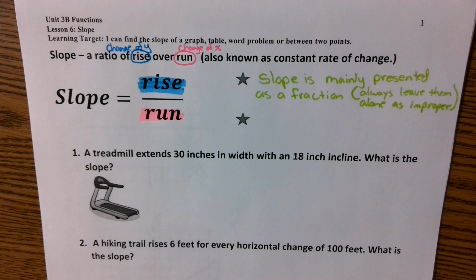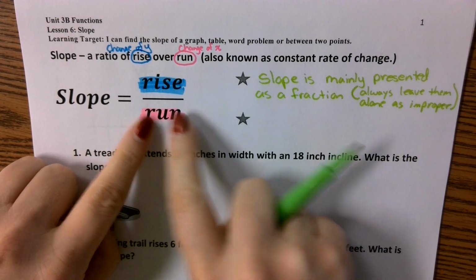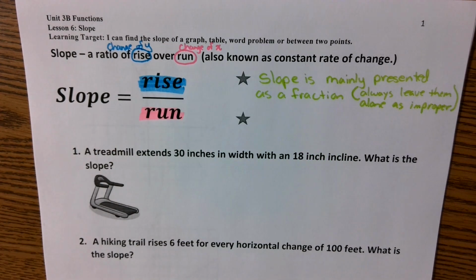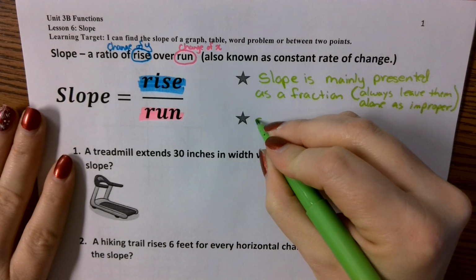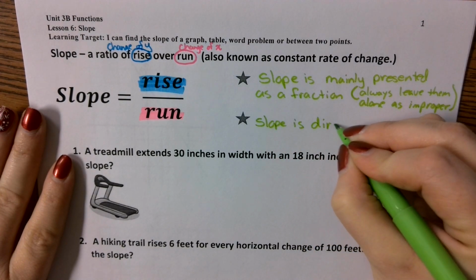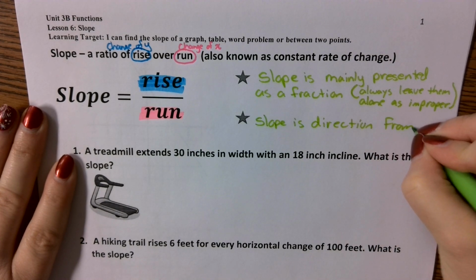Okay, because again, your slope is a single value of rise over run. It's not a whole number in rise over run. It's just rise over run. So if you have an improper fraction, that is okay. You're no longer thinking of them as fractional values. You're thinking of them as directions. So that's the second thing I wanted to make sure you understand: that slope is direction from one point to the next.